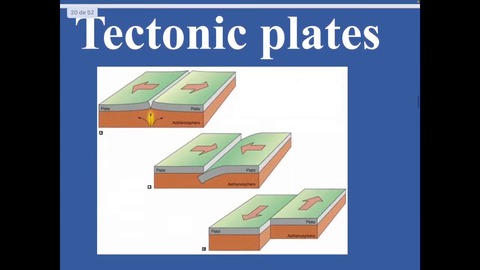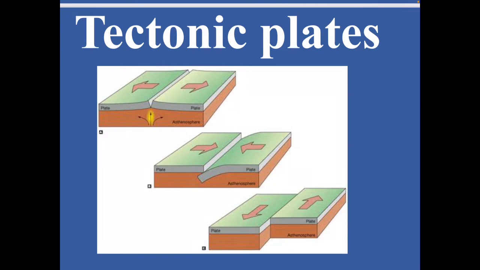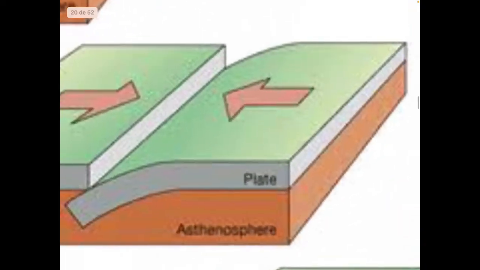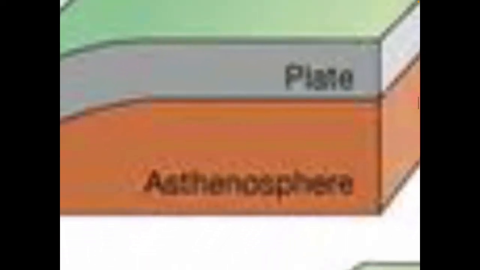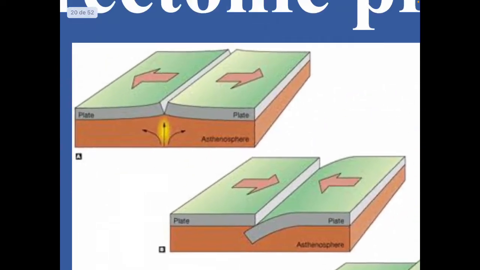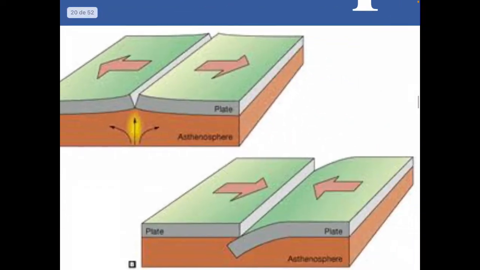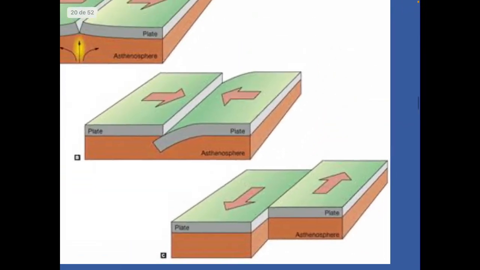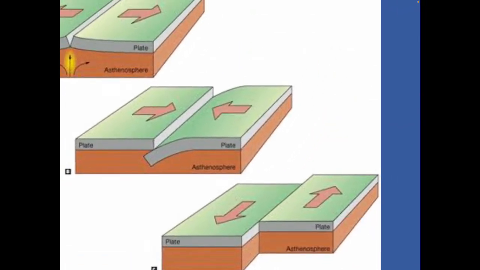So now we're going to see this thing called tectonic plates, and what I want you to see here is that we have the plates, which are the lithosphere, these parts of the lithosphere, and they are floating above the asthenosphere. So they are free to move perhaps towards each other, perhaps away from each other, perhaps next to each other, but they are free to do that only because they are floating above the asthenosphere. If the asthenosphere weren't liquid, if it was actually solid, then they could not move around.